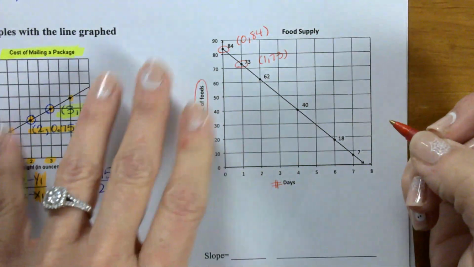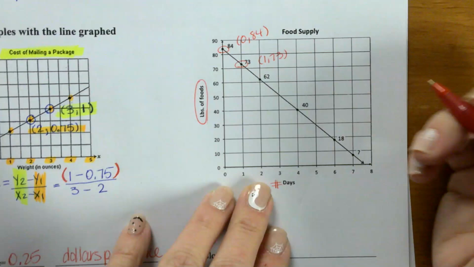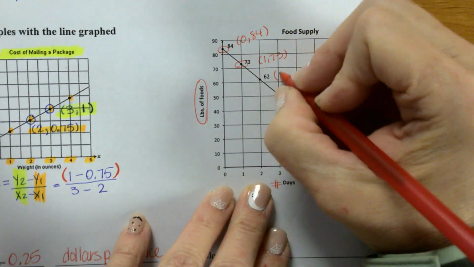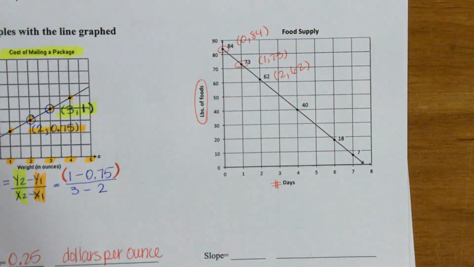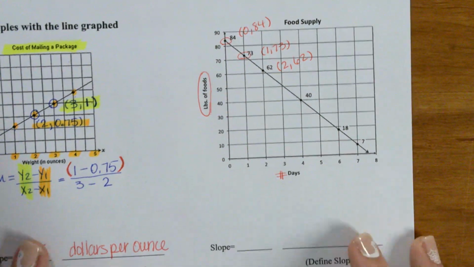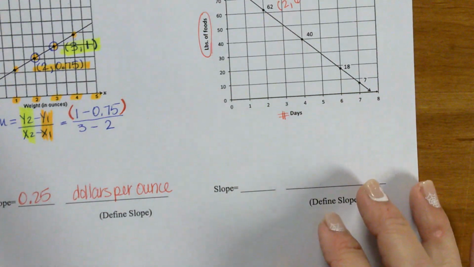You see how I'm pulling the numbers off of the x-axis? This is 2 comma 62. So I'm not going to do all of them, but I just want to show you where I'm getting that. Okay, what's happening to our food supply? People are eating, right? They're cooking, they're eating, whatever.